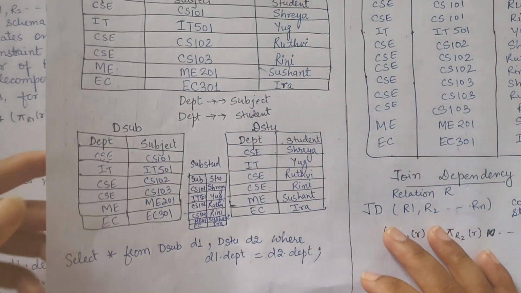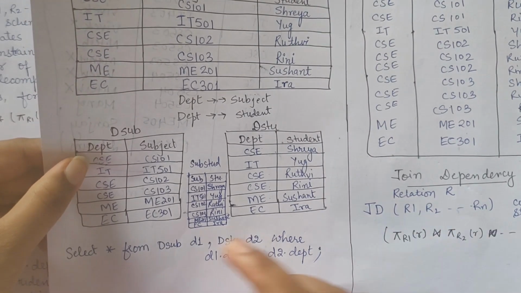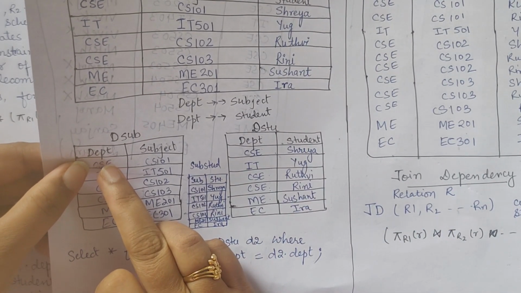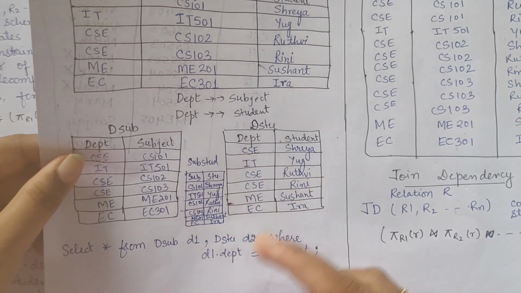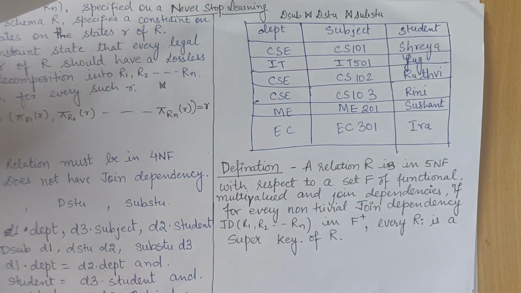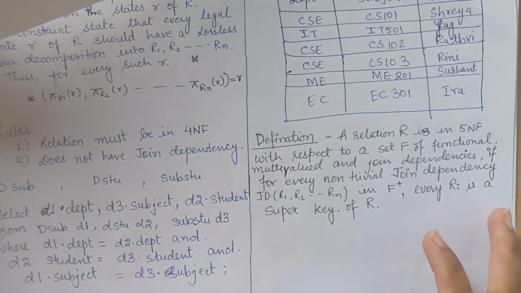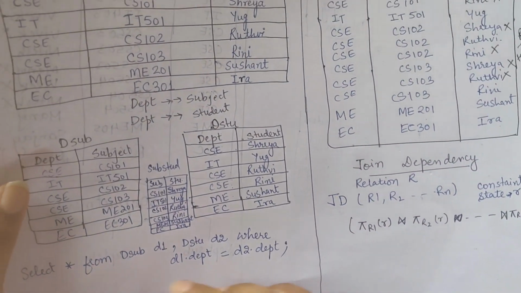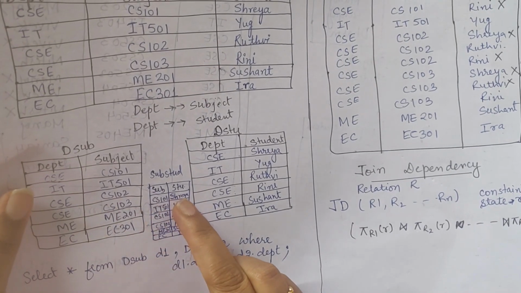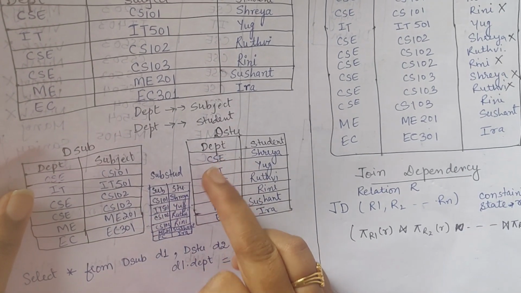So when I joined it, it checked the values like this, that from here CSC got matched with this department CSC, and there is an AND condition. If you can see here, when we have written the SQL query, we have given the AND condition. So everything should get satisfied. This CSC and this CSC will get matched.